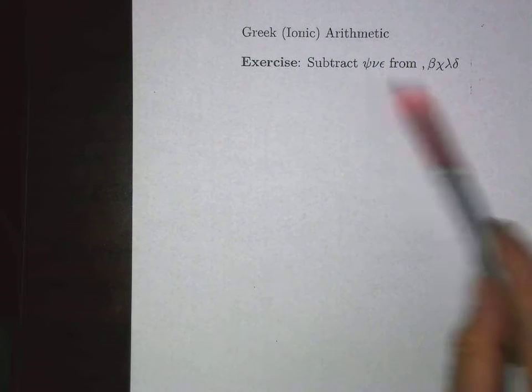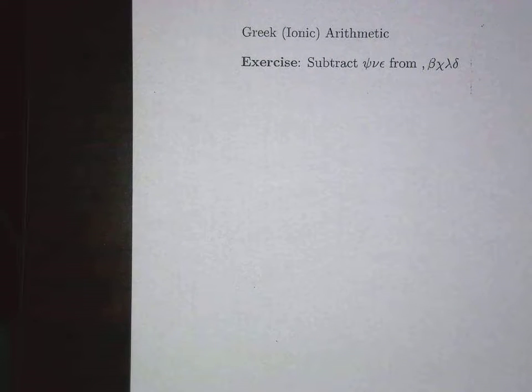If we converted these two numbers into Hindu Arabic numerals, we could do it because we know the addition and subtraction facts if they're given in terms of Hindu Arabic numerals. So we really have two options here.